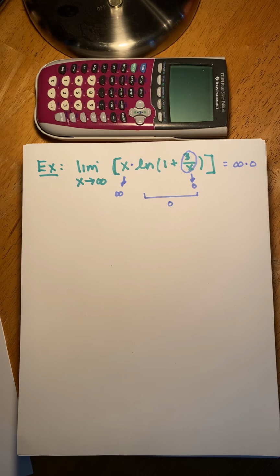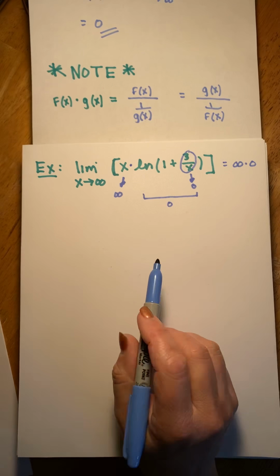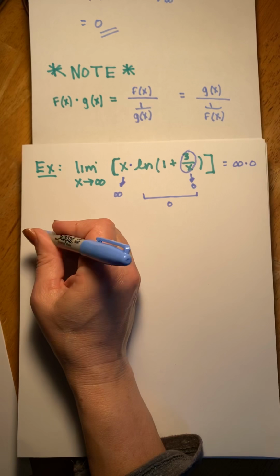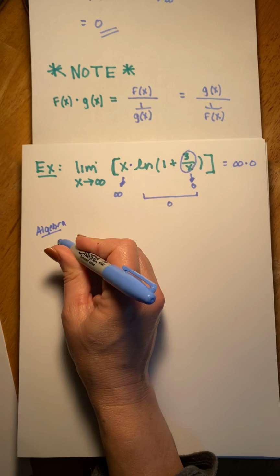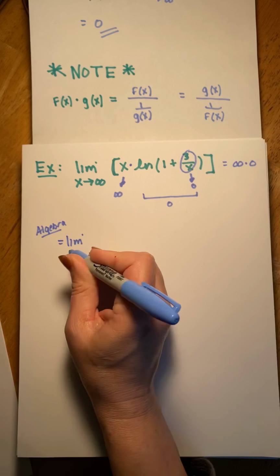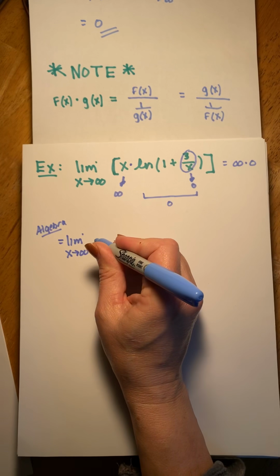So here's where we want to use this cool little trick right here, and turn this product into a quotient. So using algebra, we're going to turn this into a quotient. So we can do the limit, and we pick one to leave on the top and the other to put the reciprocal in the denominator.